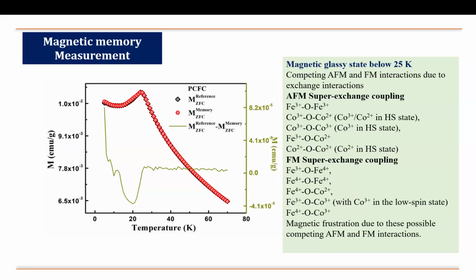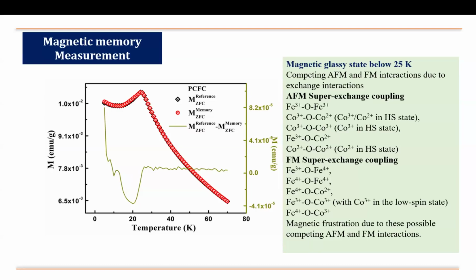Now coming to the possibility of cluster glass freezing using the magnetic ions in the sample, we can see that there are Fe3+, Fe2+ and Fe4+ ions in the sample, as well as Co3+ and Co2+ ions.